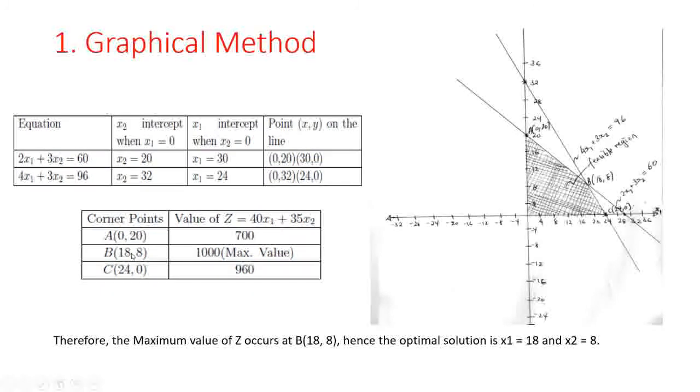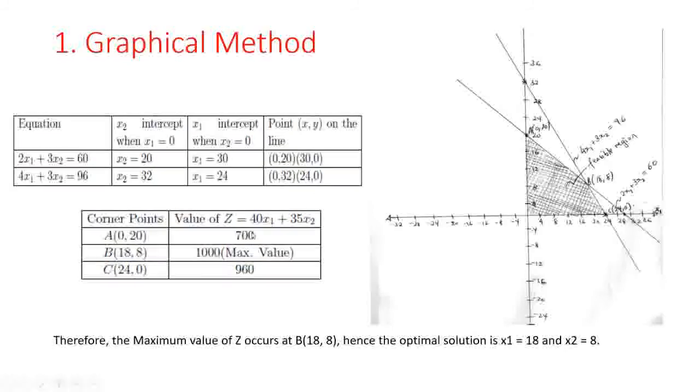Similarly for corner point B, z equal to 40 into 18 plus 35 into 8, so we get 1000. Okay, so this is our max value. And the same again for C: 40 into 24 plus 35 into 0, so we get 960.